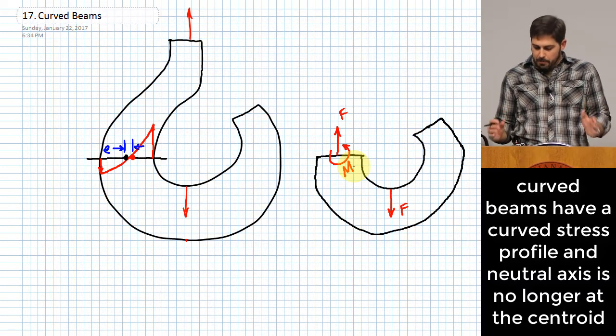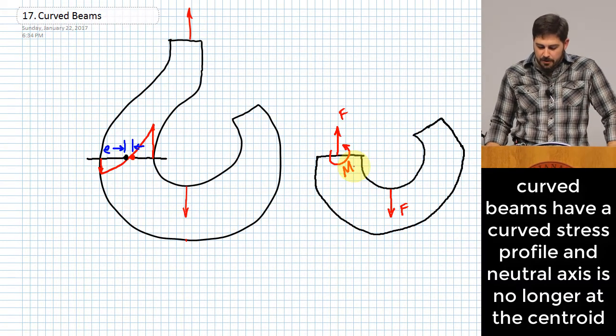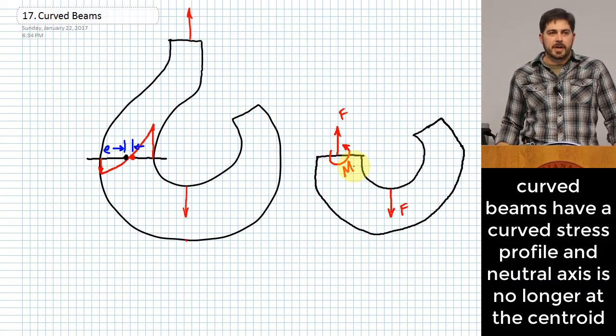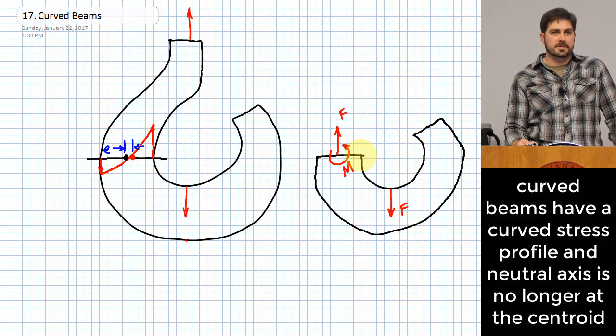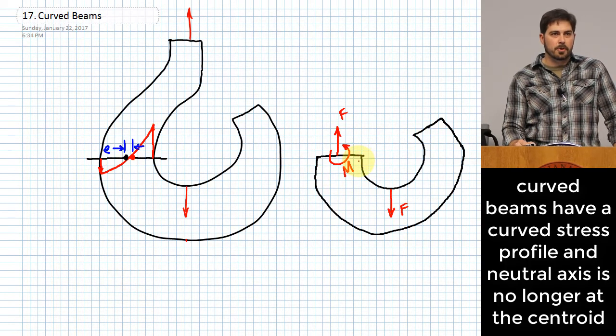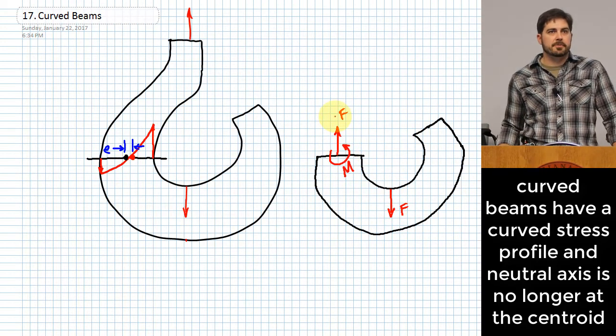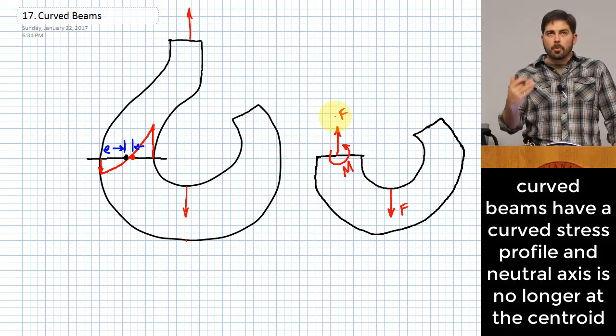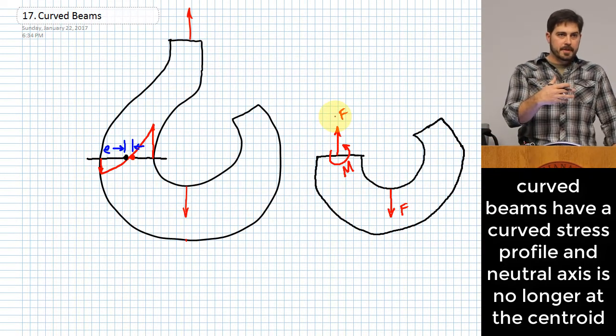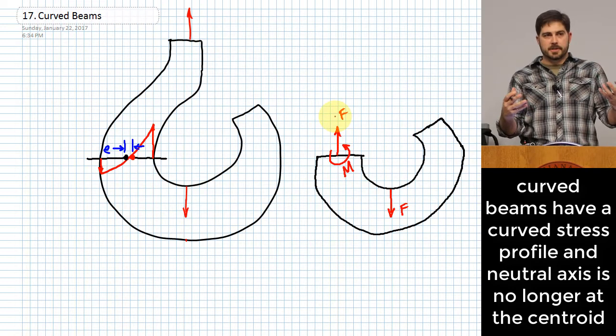The thing I want to point out here is that we have to be careful for these problems to make sure that we identify any additional normal stress that's induced in a cross-section due to the direct normal force that has to be reacted on that surface. So essentially we'll have to add together a portion that is coming from flexure and another portion that's coming from an axial load that is being supported at that cut as well.